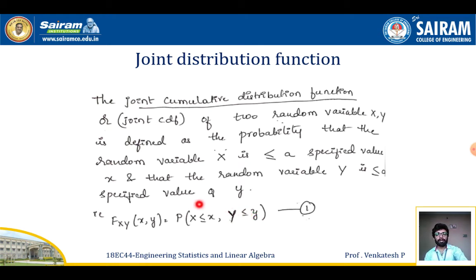This is the formula for the cumulative distribution function in the case of the joint distribution function for continuous random variables.